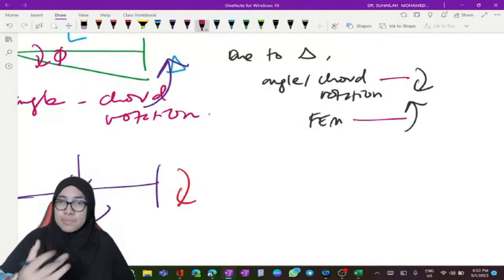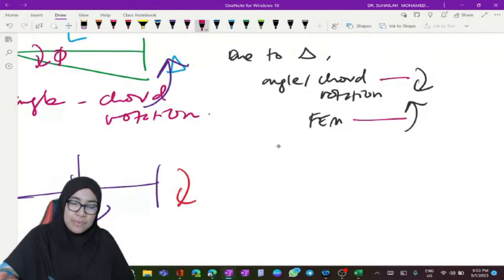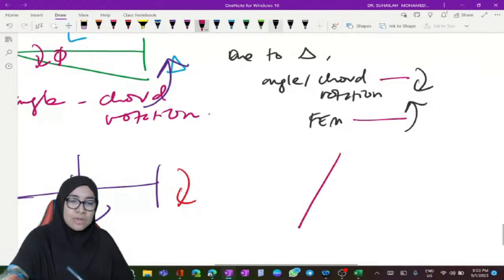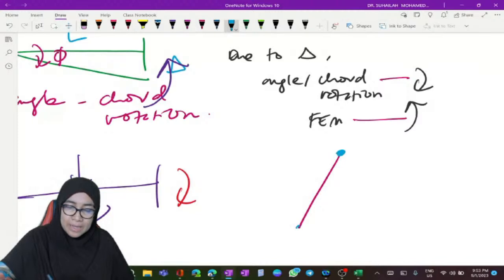These two have opposite conditions. If we have a column like this after Sidesway, we have to apply moment to push this point and this point back to a straight position.